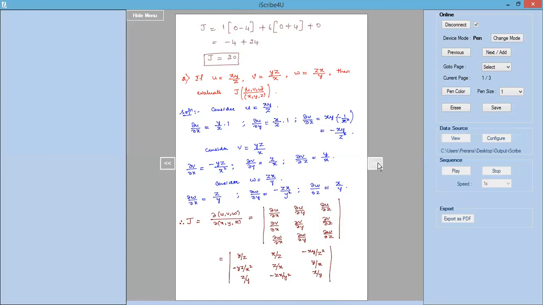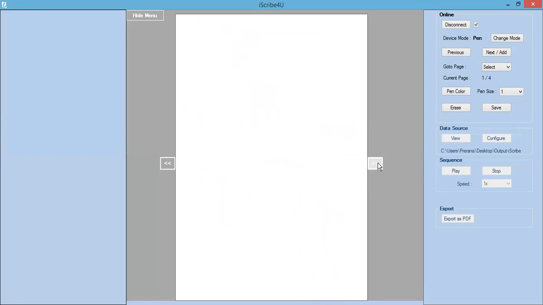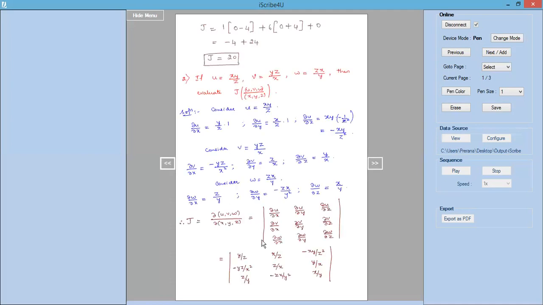So following the same steps, Jacobian J is equal to 1 divided by x square, y square, z square common. And now under a 3 cross 3 determinant, first row we should multiply by z for the first and second term.